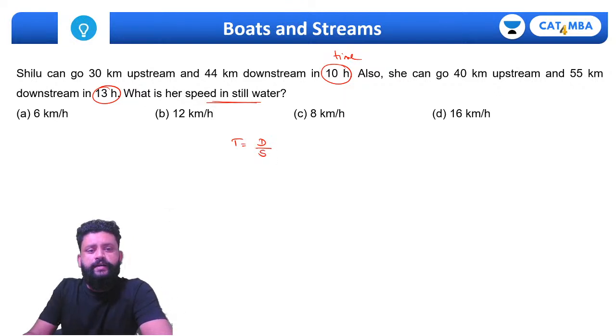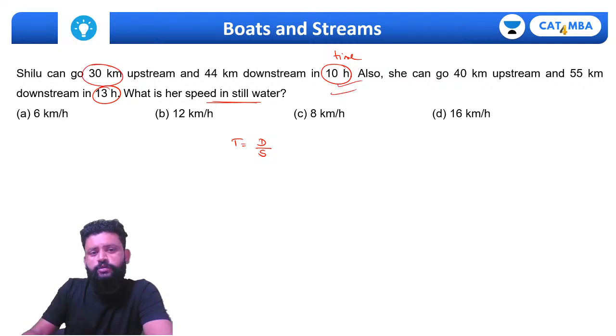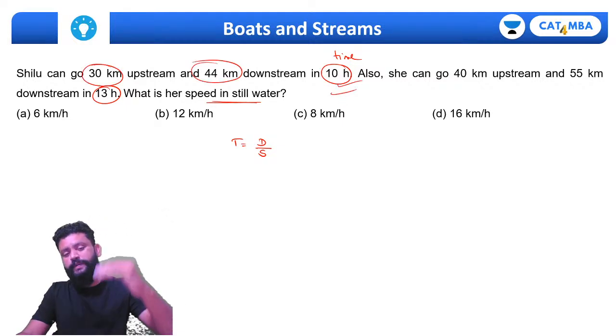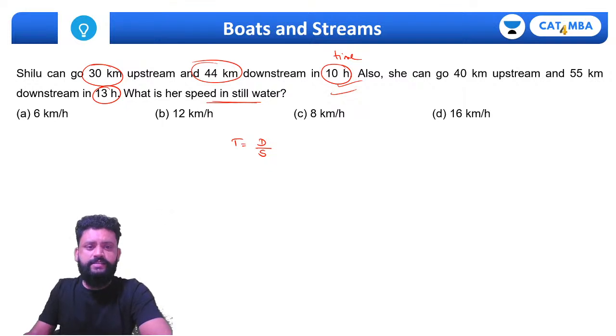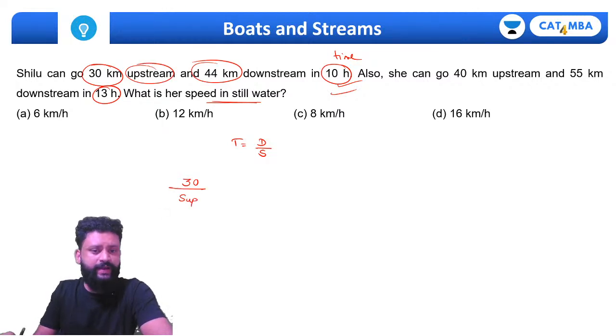So it takes 10 hours to cover 30 kilometer upstream and 44 kilometer downstream. Now listen, distance traveled is 30 kilometer and it is traveled with the speed of upstream. So upstream speed, let's say s up. Then this is the time to go plus 44 kilometer downstream.